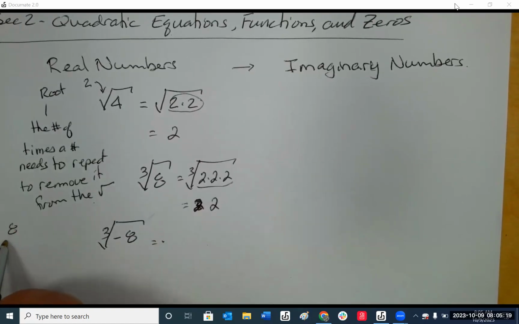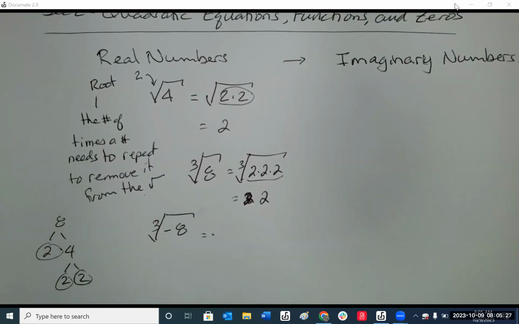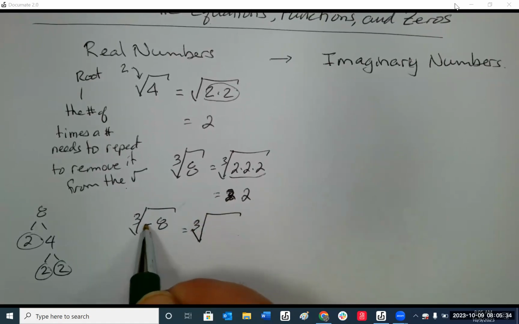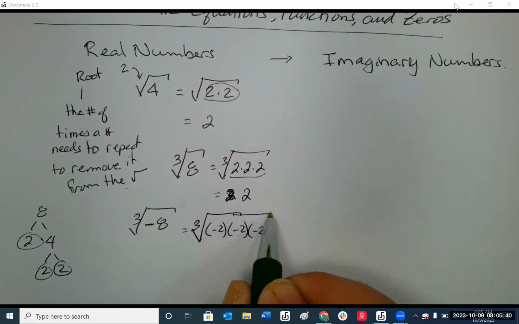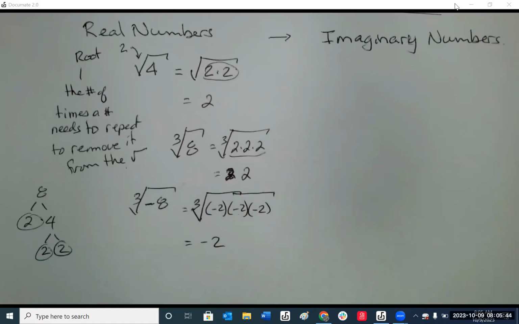Okay, 8 breaks down to 2 times 4. 4 is 2 times 2. That's where we get the 3 2's. That's called factorization, prime factorization. So if it's negative, negative 2 times negative 2 is positive 4, times negative 2 is negative 8. So the answer is negative 2.